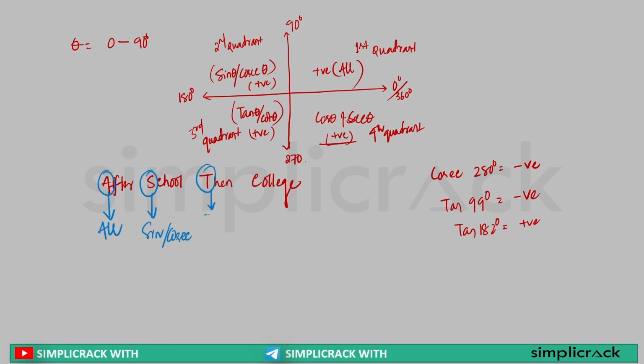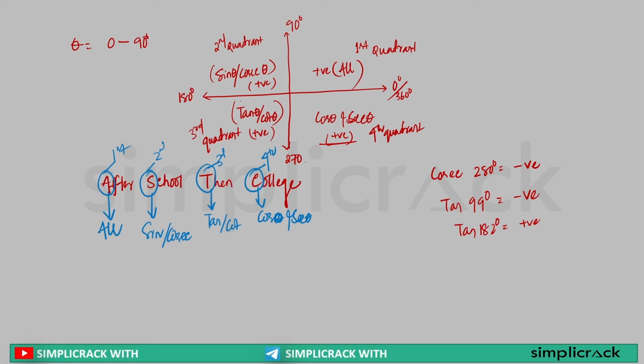T means tan, cot. C means cos theta and sec theta. So in the first quadrant everything is positive. In the second quadrant sin and cosec are positive. In the third quadrant tan and cot are positive. In the fourth quadrant only cos theta and sec theta are positive. Clear? That's it. So now we'll be learning certain things.